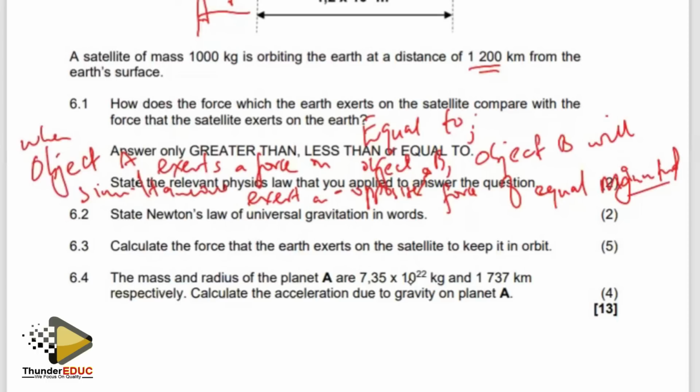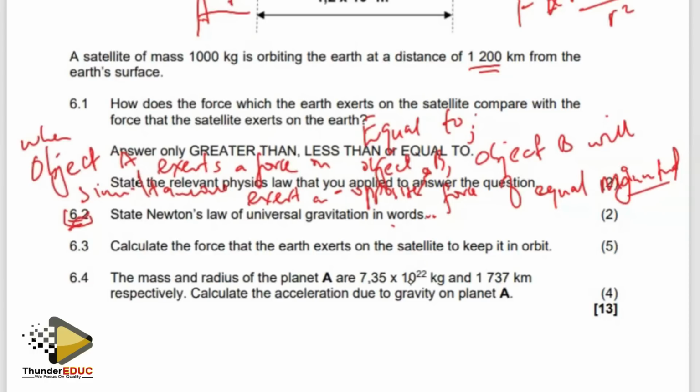Okay, so Newton's law of universal gravitation simply tells us that each body in the universe will attract every other body with a force that is directly proportional to the product of the magnitude of the masses, okay, product of their masses, and inversely proportional to the square of the distance apart, or the distance between their centers.